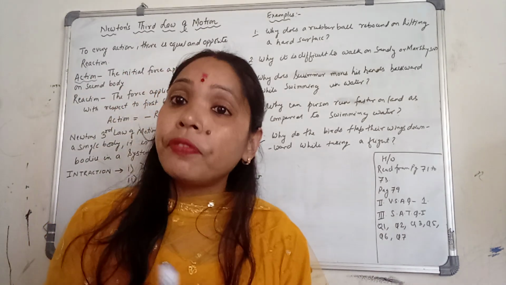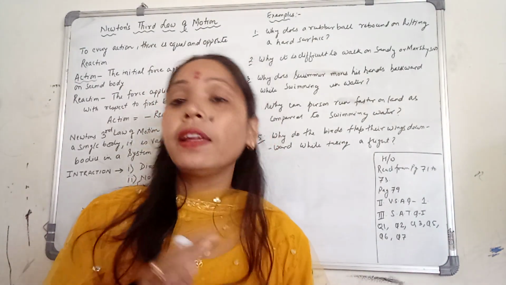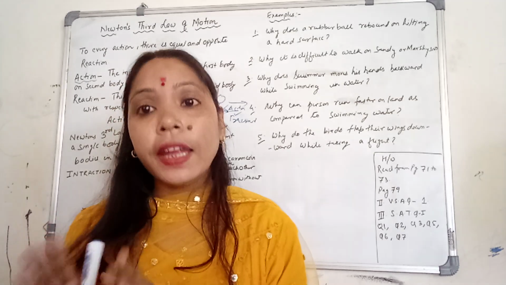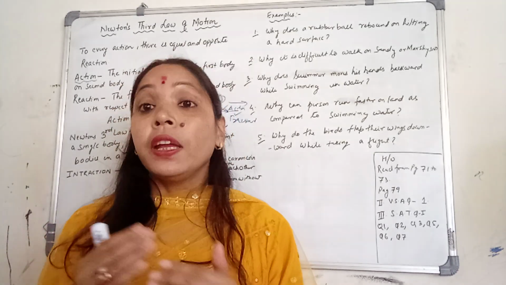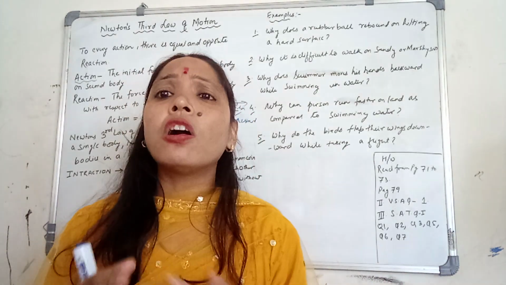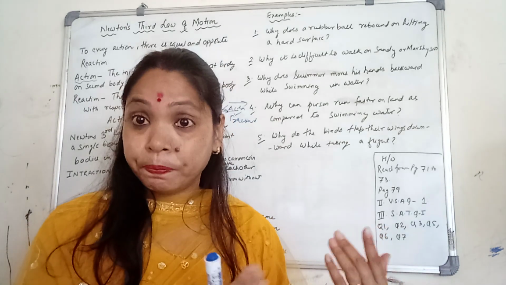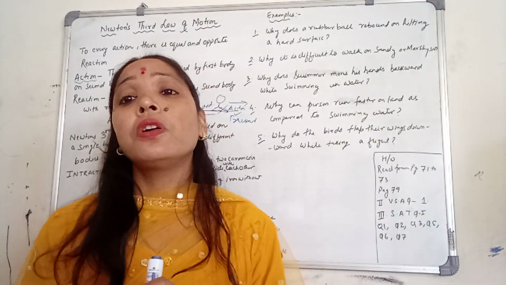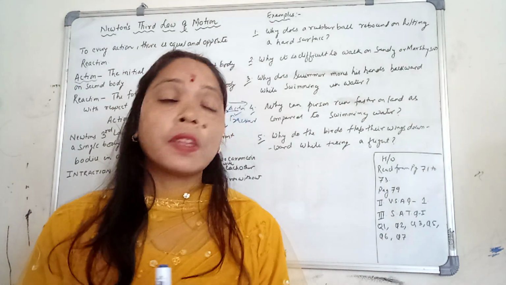And we are comfortable walking only if action and reaction are equal but in opposite directions. If somehow action and reaction are not equal, if they are less or more, then also we are not comfortable walking.